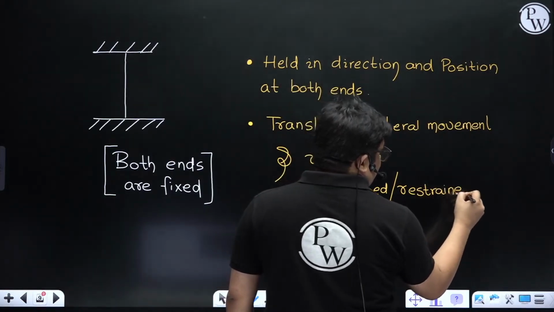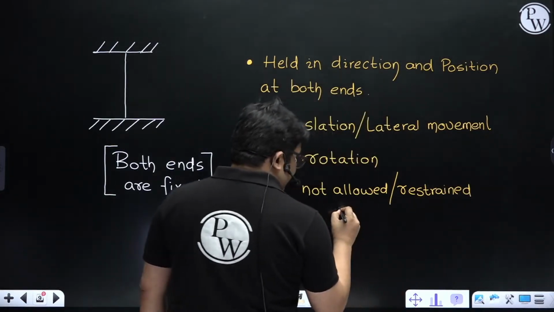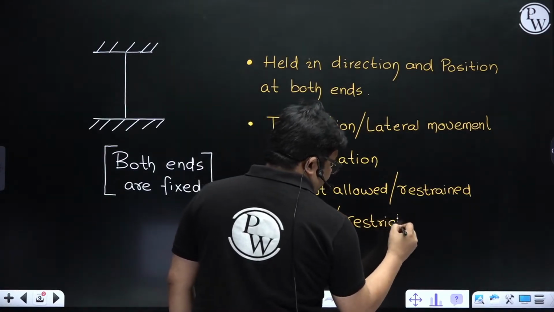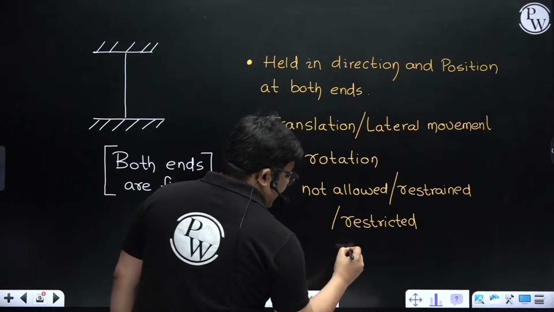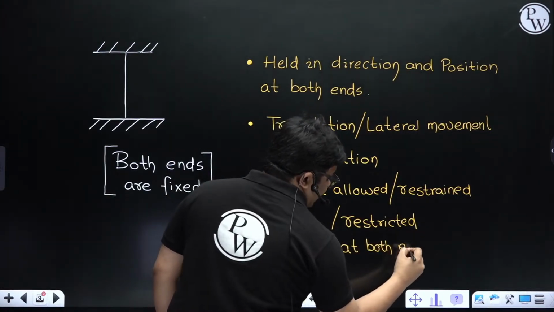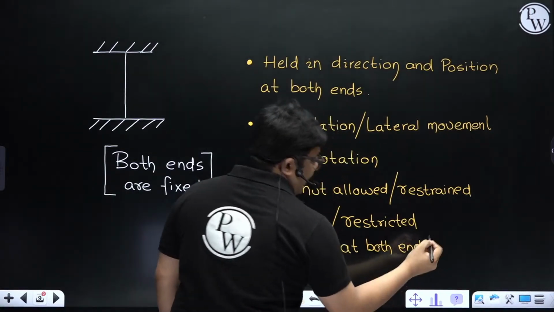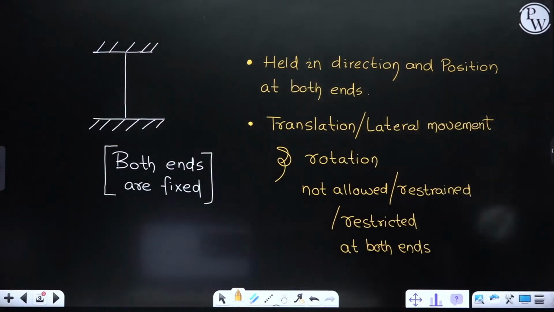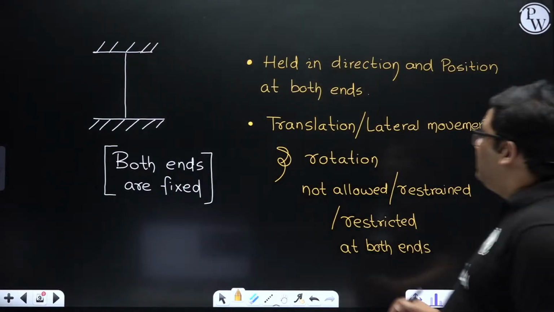Or they can write down restricted, right? This kind of language they can use: restricted at both ends. So at both ends you can see translation and rotation are restricted or not allowed, or I can say restrained.